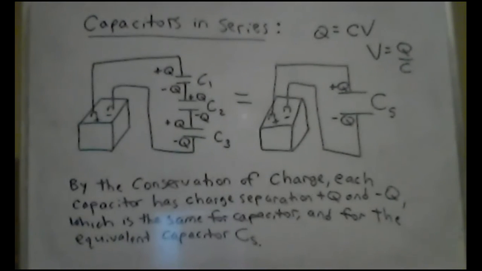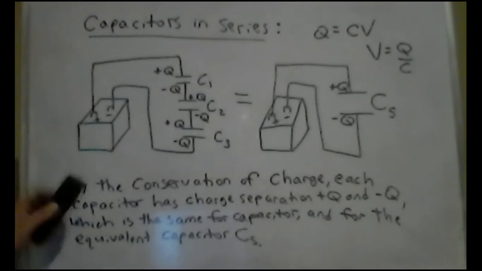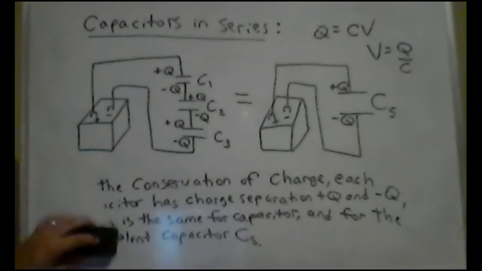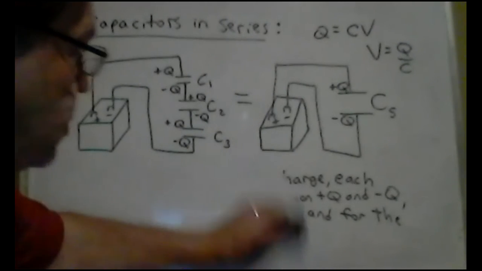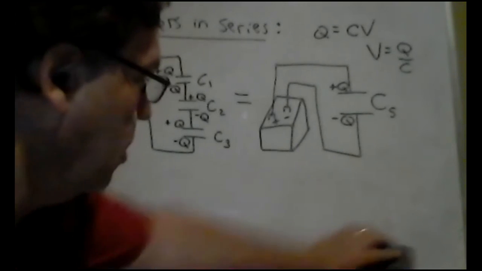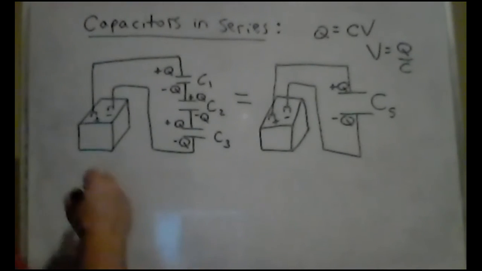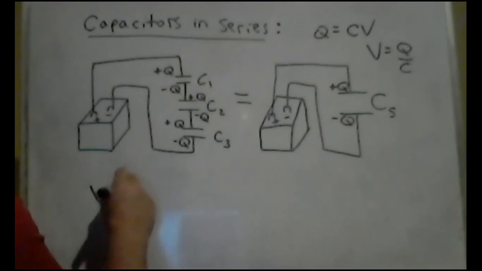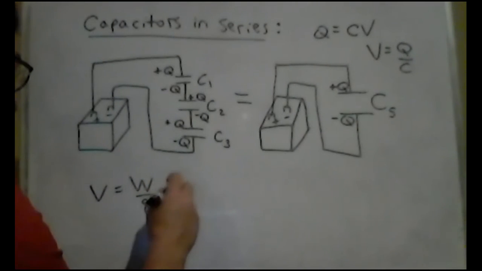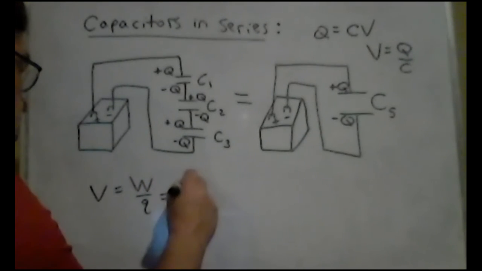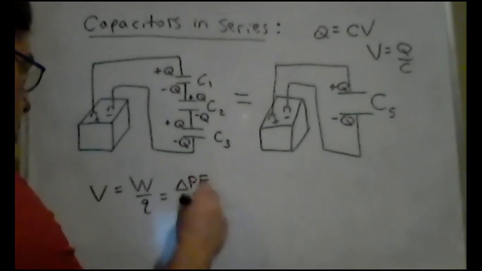So the potential, by the conservation of energy. Remember, the potential is only different from energy by the division of a charge. Remember how we got potential? The potential is nothing but the work, or the change in potential energy, per charge.